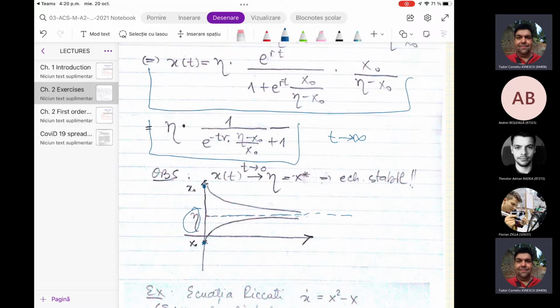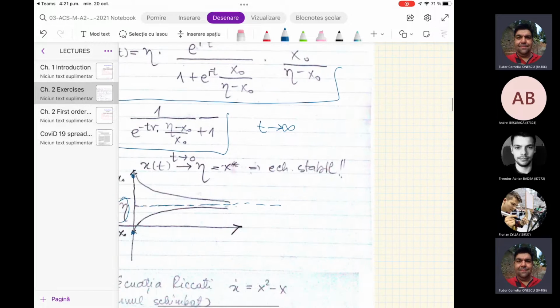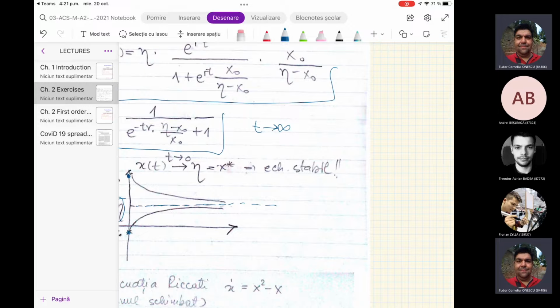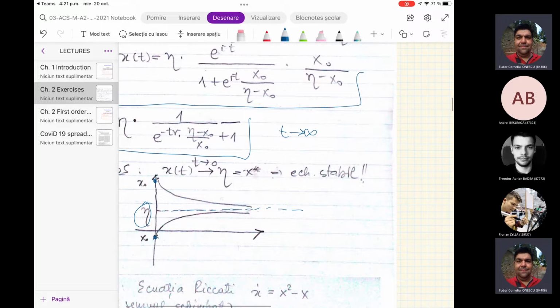Eta is the full capacity of the pond. You see? So even if you have more fish, even if you have less fish, the stable equilibrium of this fish pond, okay, is eta. So eta is the stable equilibrium point.